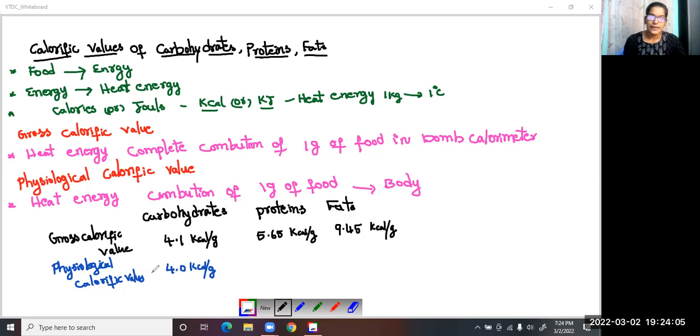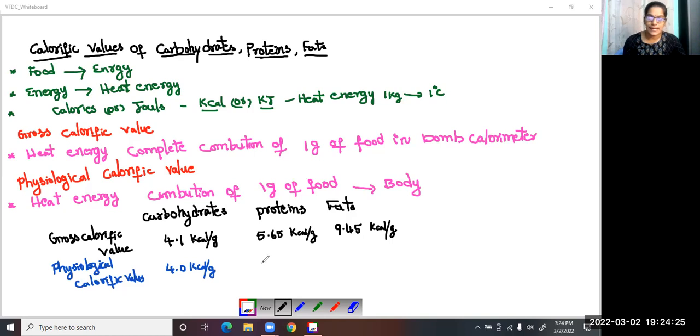That means the breakdown of 1 gram of carbohydrate releases 4.0 kilocalories of energy in our body.